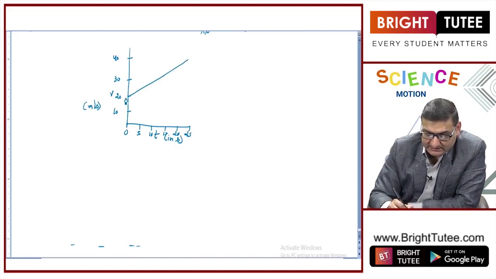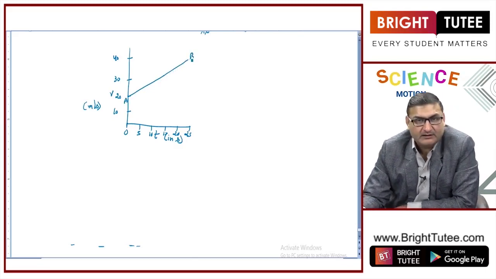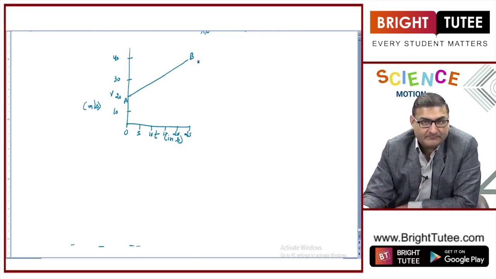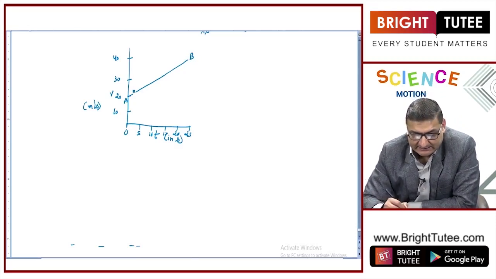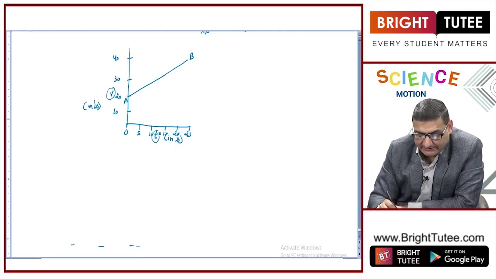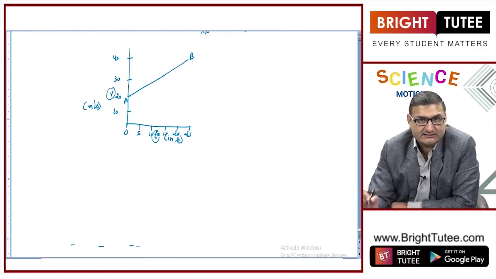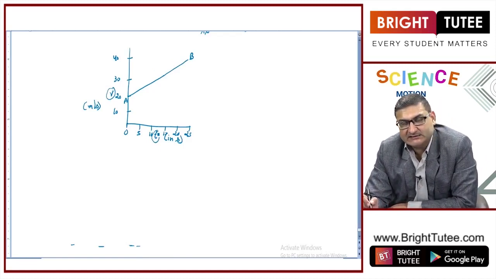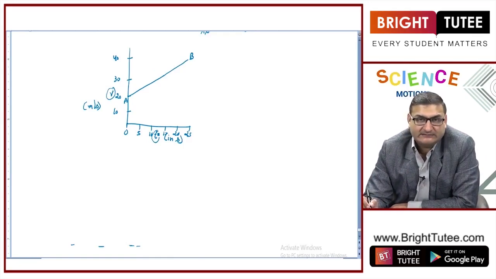Now, this is the motion of a car which is represented by AB. Since we see that this is a straight line on a VT graph, therefore, of course, this is a uniformly accelerated motion. What will be asked in this question is to calculate acceleration.